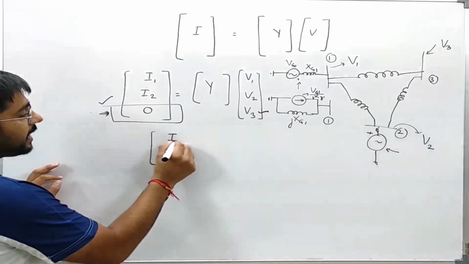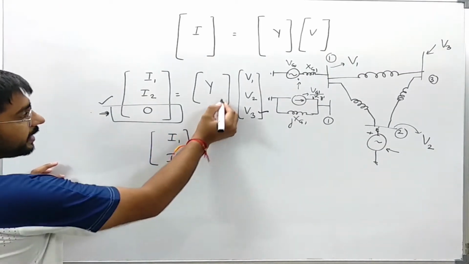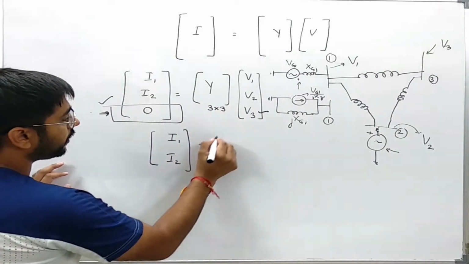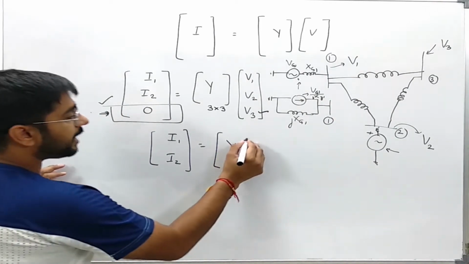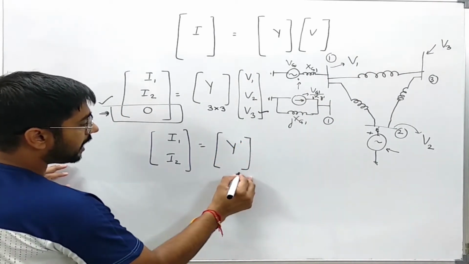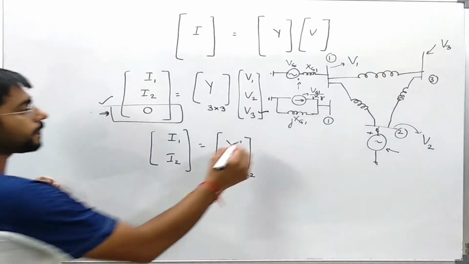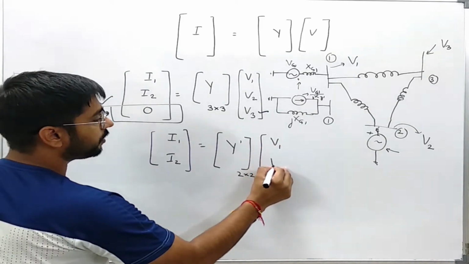the nodal equation like this: I1, I2. Here this admittance matrix is of 3 by 3 order. The new bus admittance matrix will be Y prime, let us say, and it will be of 2 by 2 order, with V1, V2.